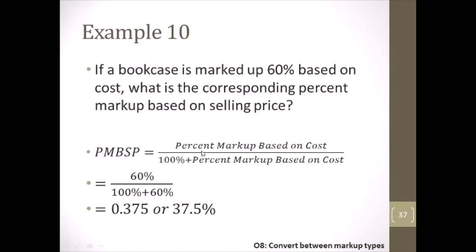So, by substitution, the percent markup based on cost is 60%, then 100% plus 60%, then we have this one.